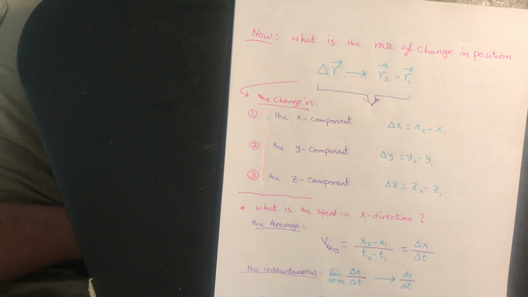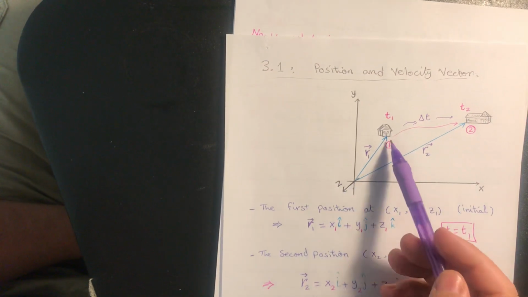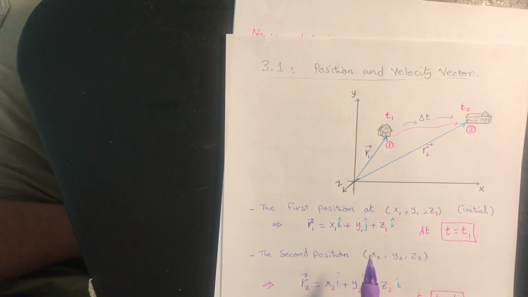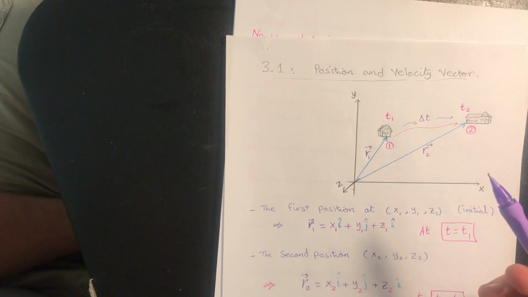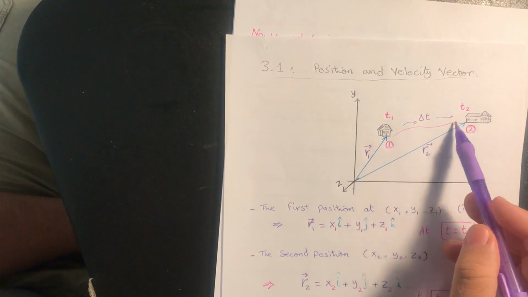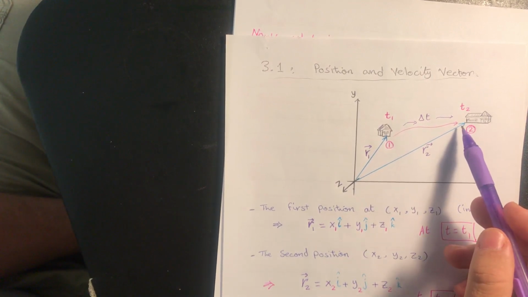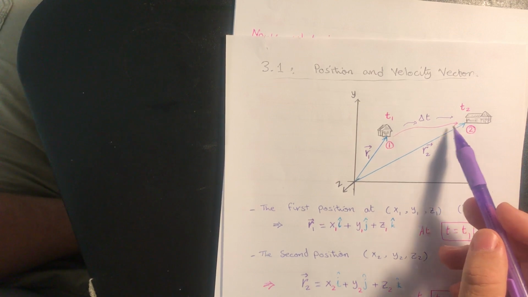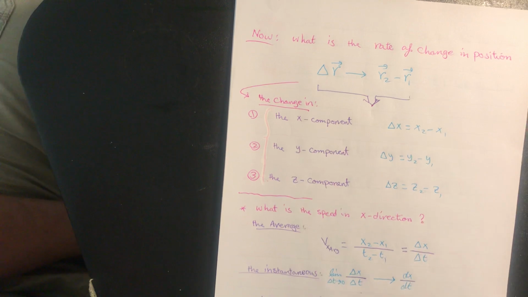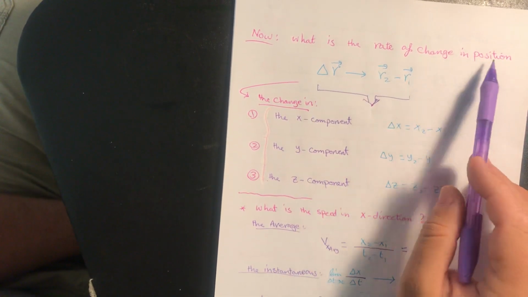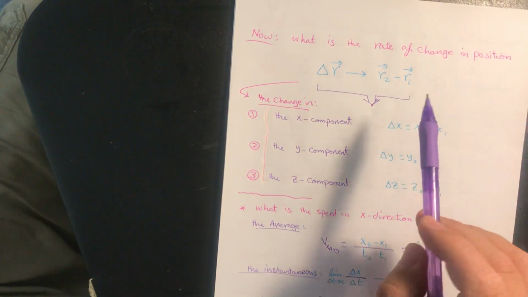Okay, when we move from the first point to the second point during a period of time, we have speed, because we have changed our position during a time. What is the rate of change in position with respect to time?